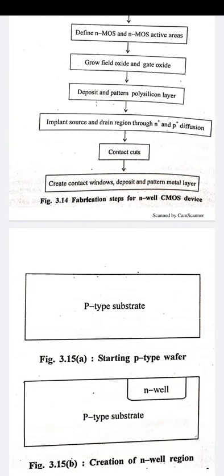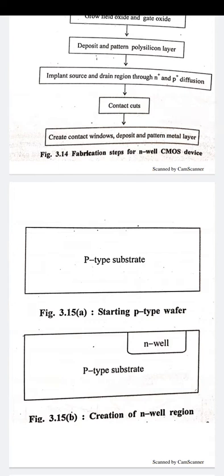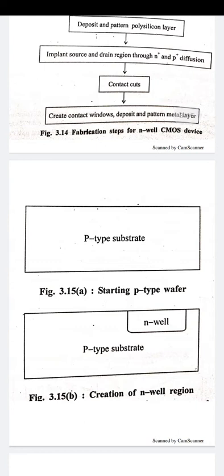I have discussed earlier that in the N well process, first we create the P type substrate. So we adopt the P type wafer on which we create the N well, by using the diffusion or ion implantation process. We define the active areas by the masking step, then pattern the layer of silicon nitride.